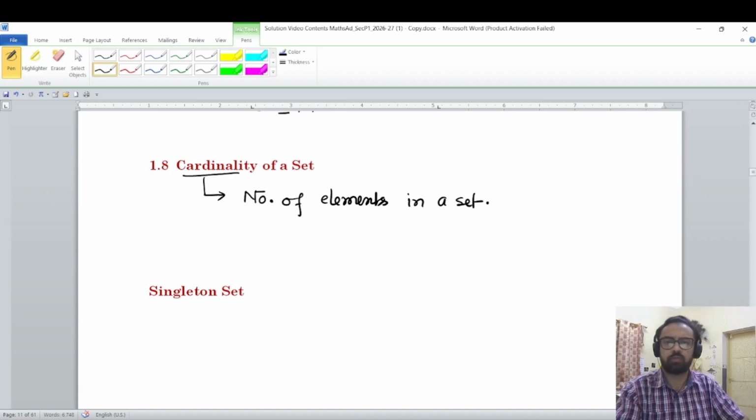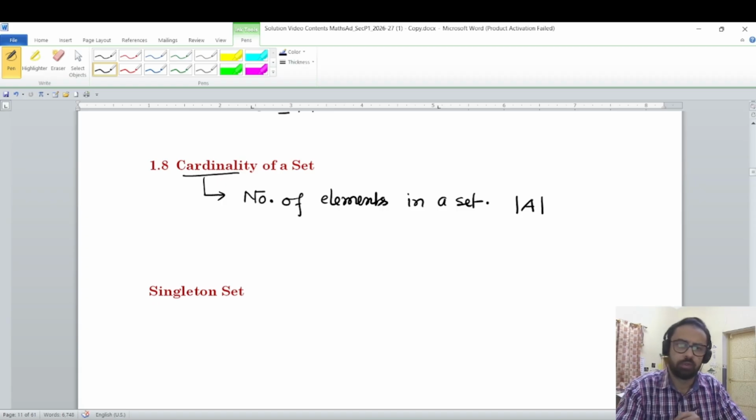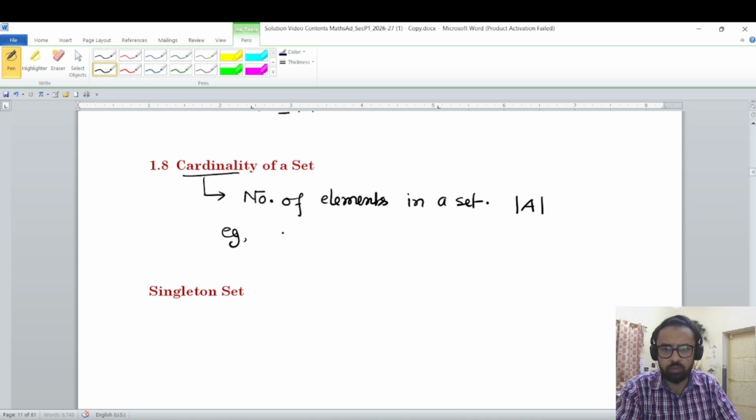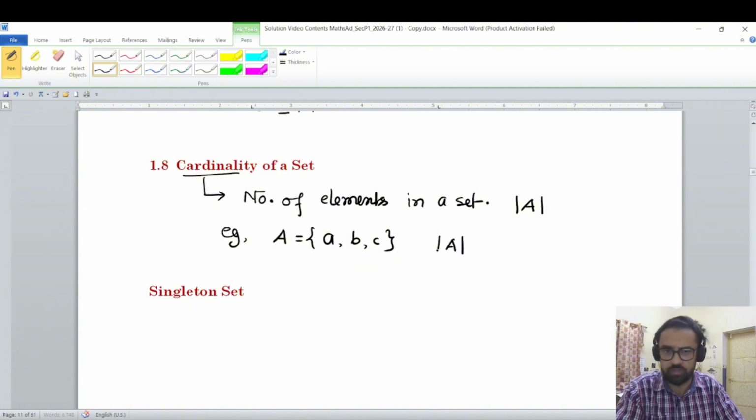It is denoted by this mod symbol, which means the cardinality of the set A. For example, if you have set A equal to {a, b, c}, then what will be mod A? That is the number of elements, also called the size, of this set, which is 3. There are 3 elements here.